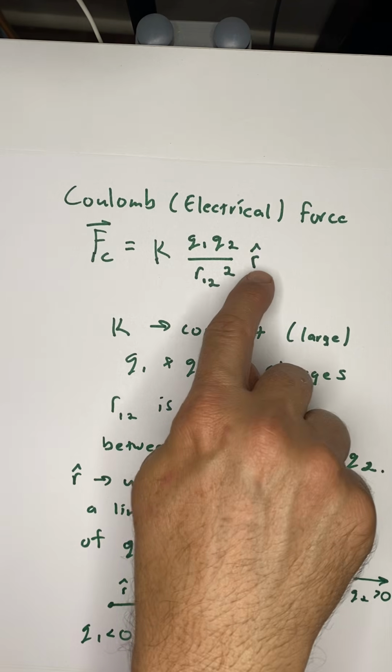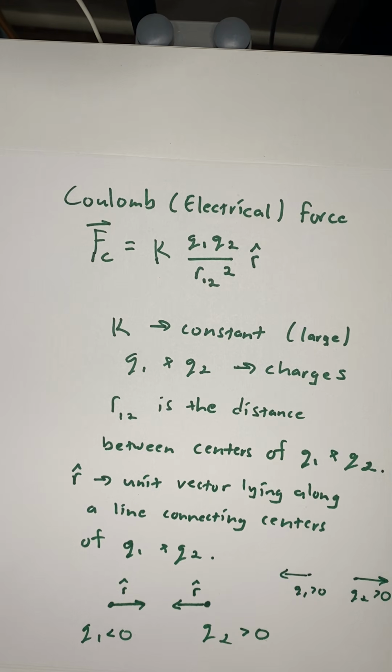This R hat, in some cases, functions as a placeholder. Like I said, you'll be tempted to read it as a radius. The confusion comes in there because we will do problems in what's called a spherical coordinate system where the radius is an actual direction, and it's really tempting to read that R as the radial direction, and we will. But we'll do some problems in Cartesian coordinate systems where we have x hats and y hats and j hats.